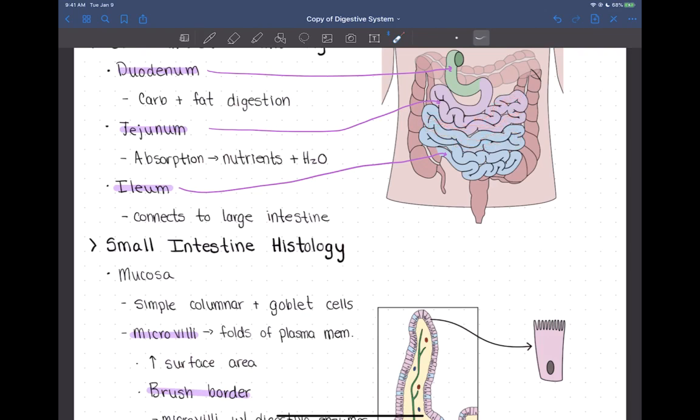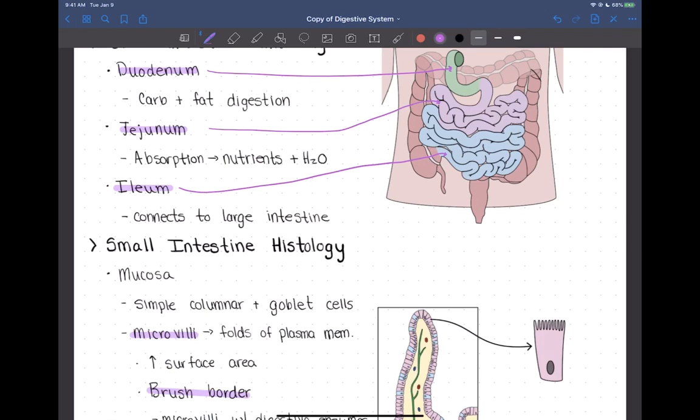So by the time it gets here, and then especially in the large intestine, there's going to be a lot of bacteria, so that lymphoid tissue is going to help combat that bacteria. As you move through the small intestine, histology-wise, you'll see more and more of those lymphoid nodules the further you get and the closer you get to the large intestine.